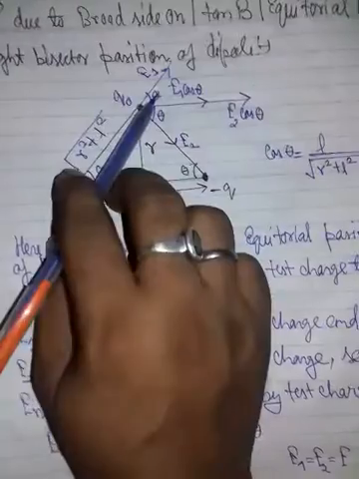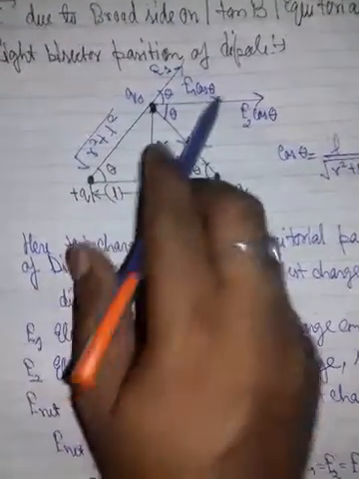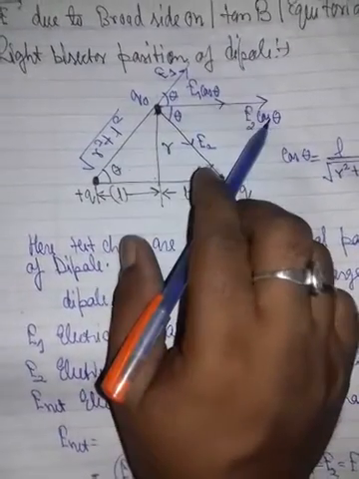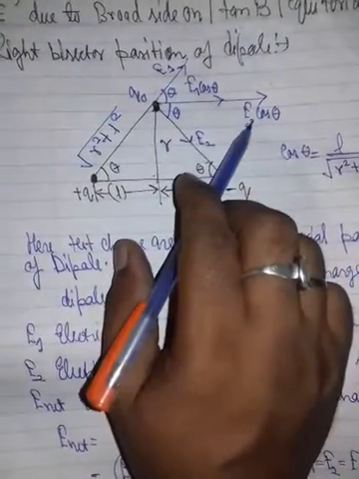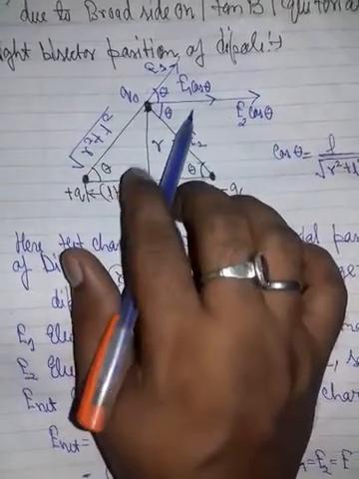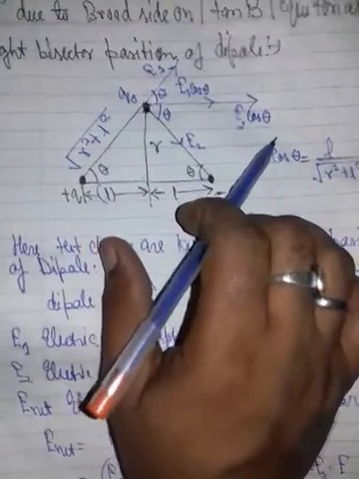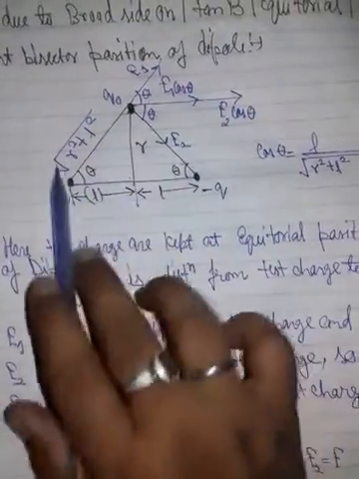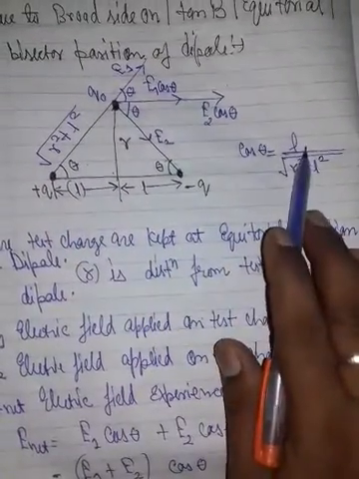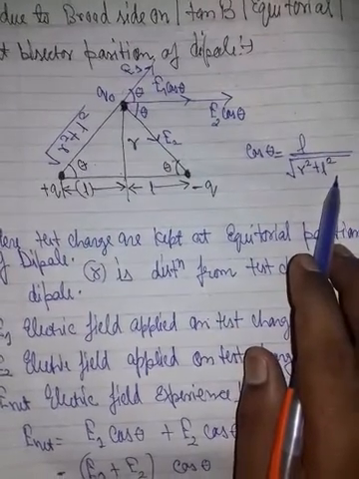Taking the components of the first electric field, E1 cos theta, and E2 cos theta, they are the same in direction, so as vector quantities they are added. The net electric field is E1 cos theta plus E2 cos theta. From the diagram we get the value of cos theta, that is l upon root of r square plus small l square.